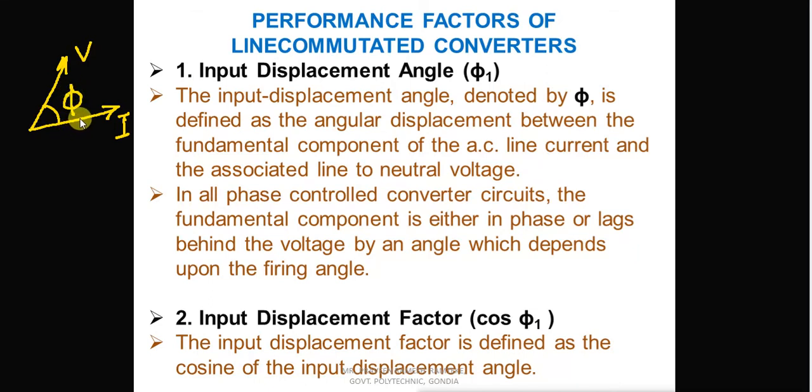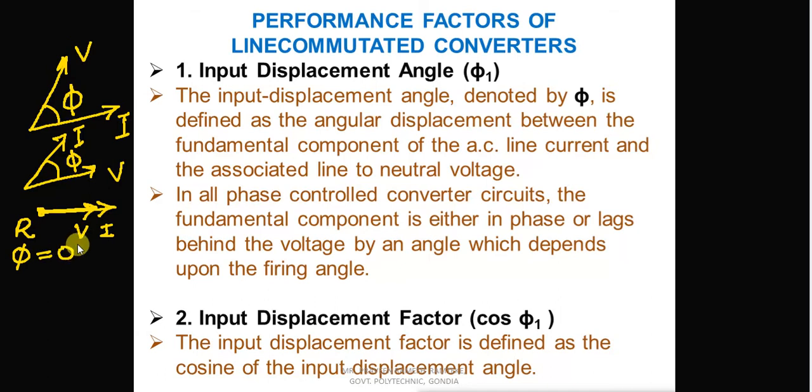So here we can say that voltage is leading with respect to current, and now we can say that current is leading. But if we talk about pure resistors, then voltage and current are both in phase with each other. So this is the phasor diagram for R. The phase is totally 0 degrees.